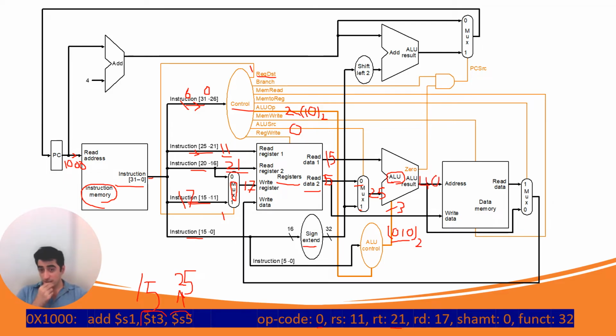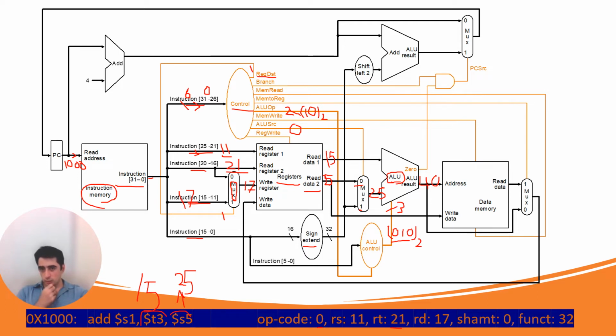is 40, and this 40 is not going to be given to the address of the data memory. It can be given, but the data memory has nothing to do in this instruction. This instruction is an add instruction. Data memory is only active when you want to do a load or a store. For add or any other R format instruction, the data memory is useless. It's not going to be used.